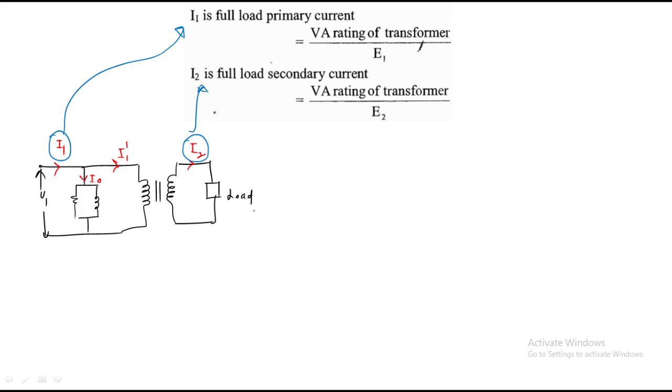In order to calculate the primary full load current, here the load is under full load condition, and this I2 is the secondary full load current. And what is this rating?